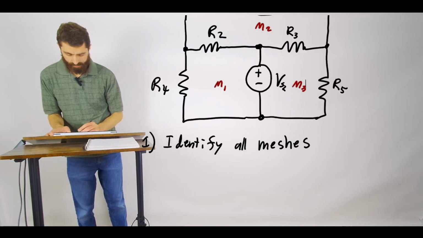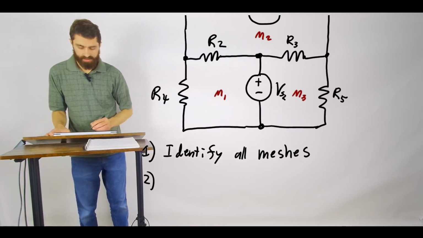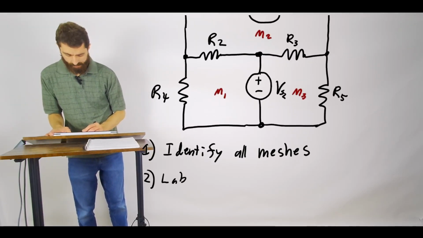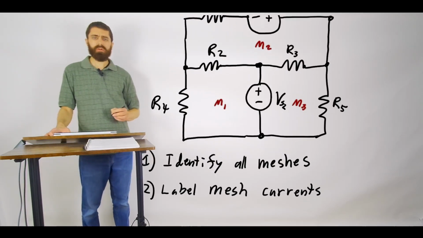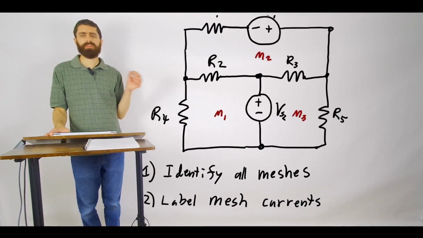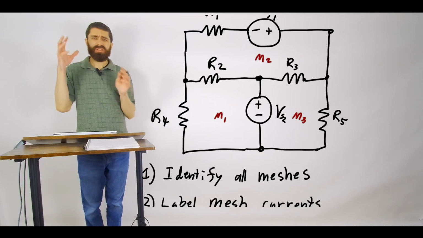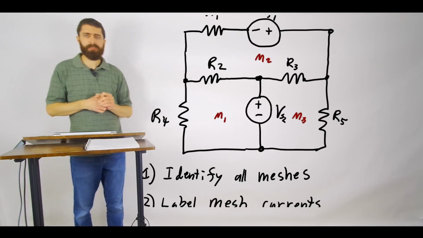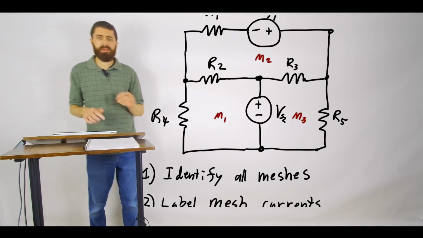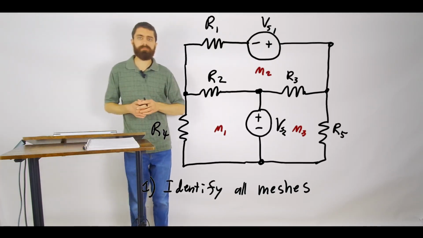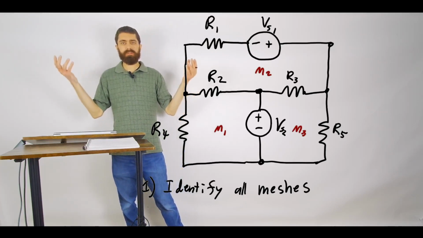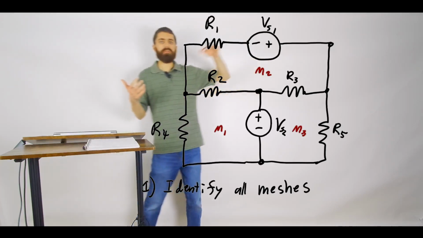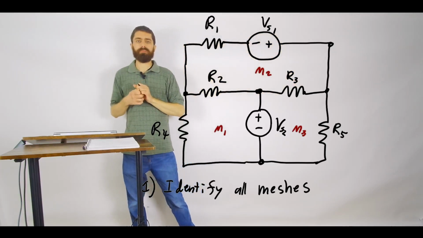Okay, simple enough. Step 2, label mesh currents. I will explain a little bit more about how mesh currents work, because initially it might be a little bit confusing physically what it is representing. But for now, what you do is you define a circulating current that goes around the mesh.